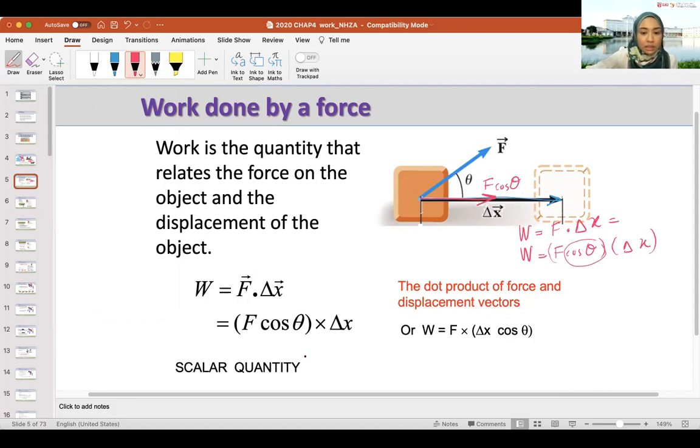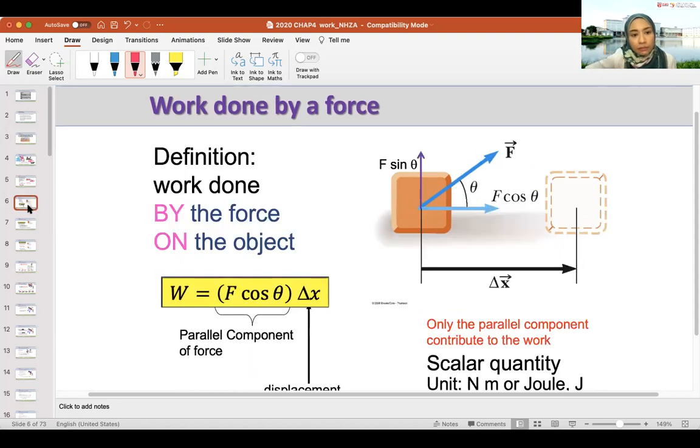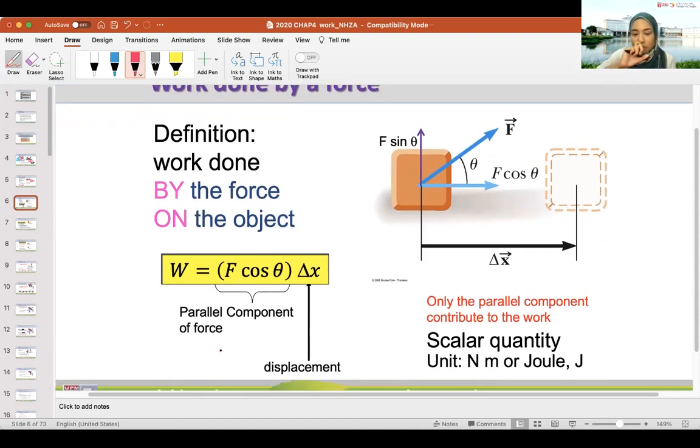Okay, so it is a scalar quantity. Okay, next. Definition of work done by the force on the object. It's the same parallel component of the force, in the same direction or parallel to the displacement. Parallel means it can be to the right or to the left even if the displacement is to the right.